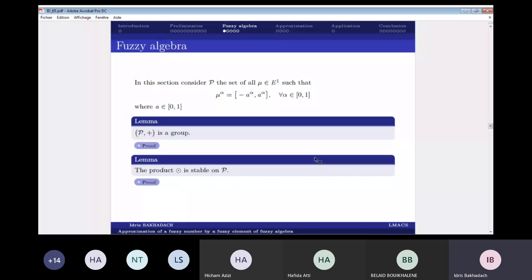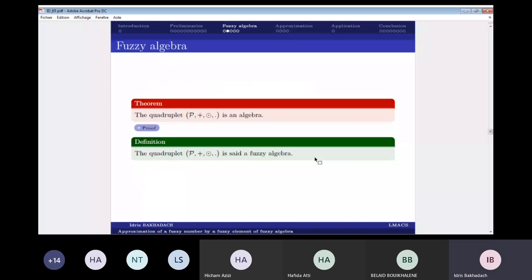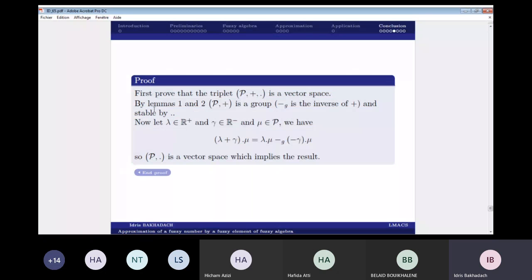Now the quadruple P, plus, the product of fuzzy numbers, and the product by a scalar is an algebra. For the idea of the proof, first prove the quadruple is a vector space. It's easy from lemmas 1 and 2 that P with plus is a group. GH is the inverse of plus and stable by products.